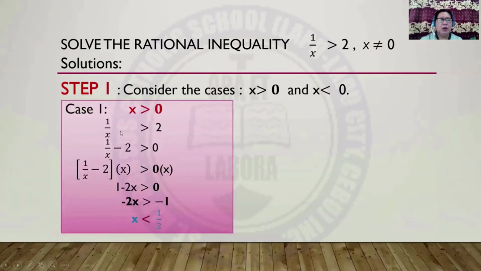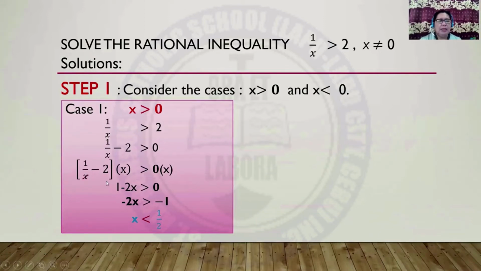So for case 1, x is greater than 0. Using the given 1 over x is greater than 2, transpose 2 to the other side. So what we have now is 1 over x minus 2 greater than 0. Then simplify: multiply each member of the inequality by x. So 1 over x times x, you cancel x, and what is left is 1.